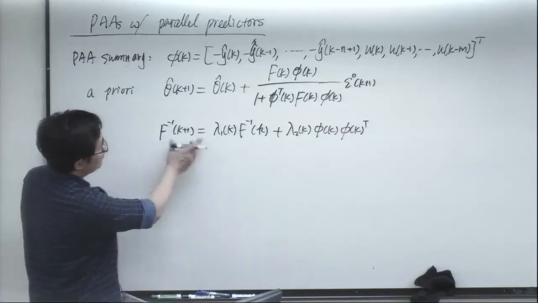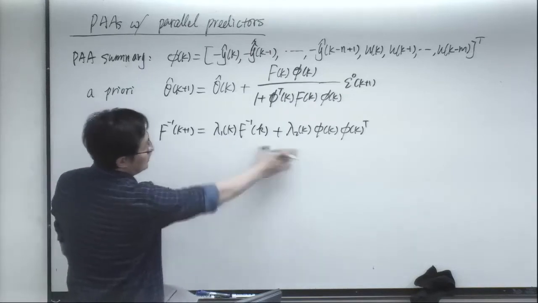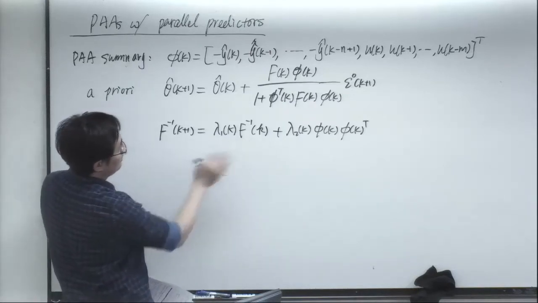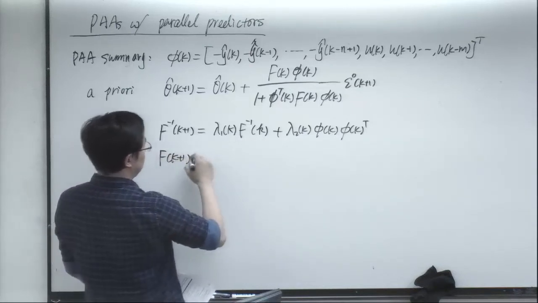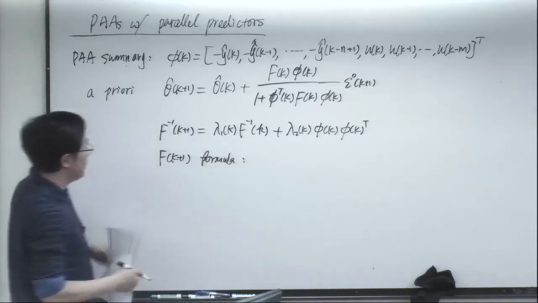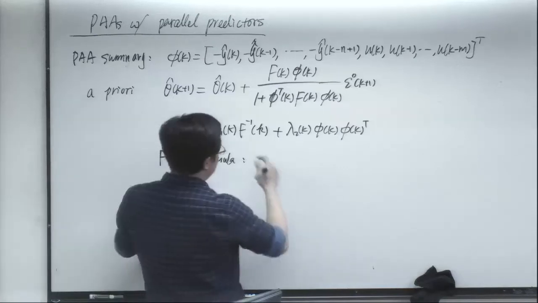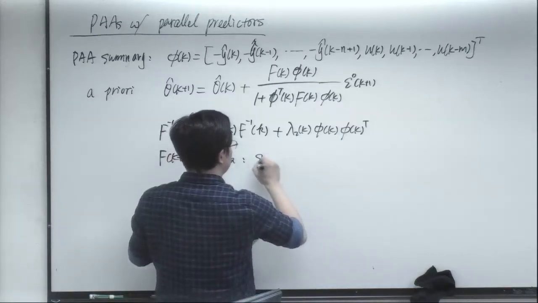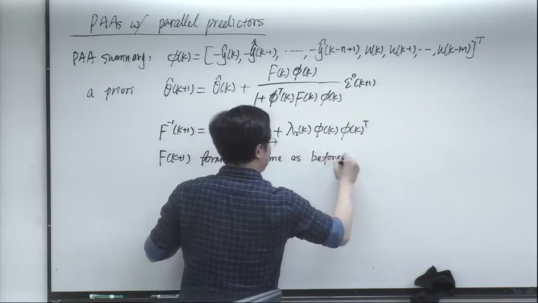All right, so I'm writing the adaptation gain using the inverse form just to save some writing. You can also write out the formula for F k plus 1, which is exactly the same as what we talked about previously.